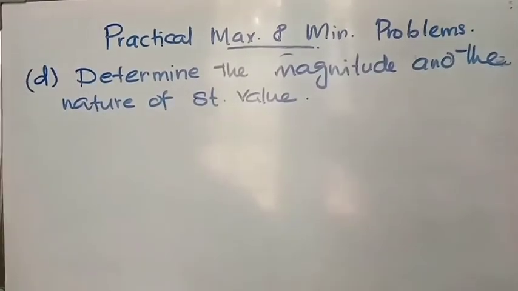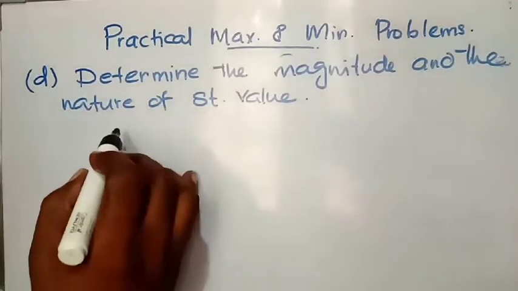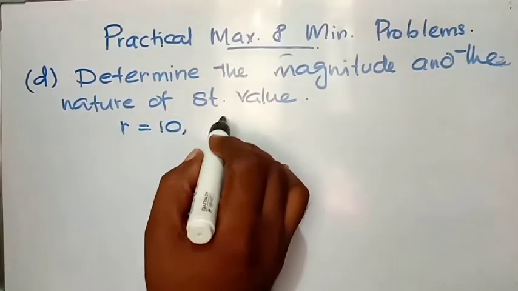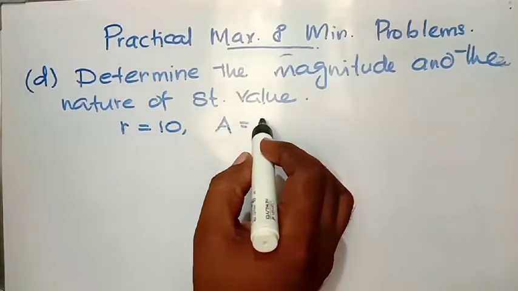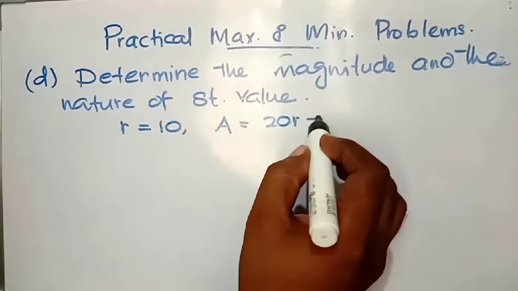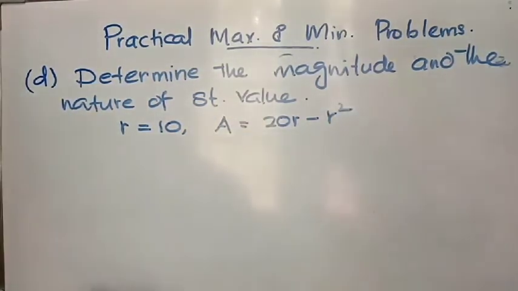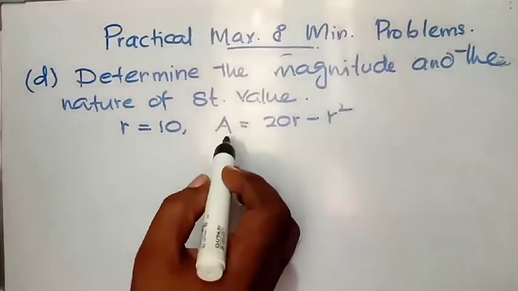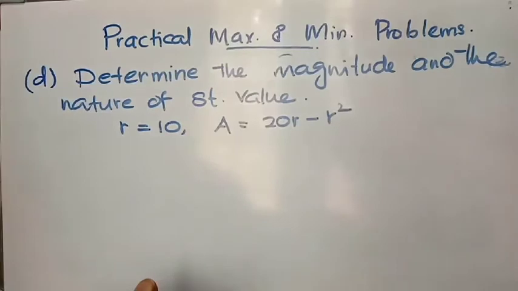So the next question is: determine the magnitude and the nature of the stationary value. As per the previous question, we got r is equal to 10 when the area is 20r minus r squared. Now we have to find the magnitude of this value. That means we have to find the magnitude of A. What do you mean by magnitude?